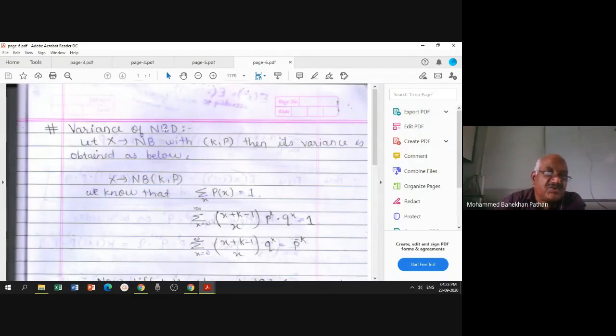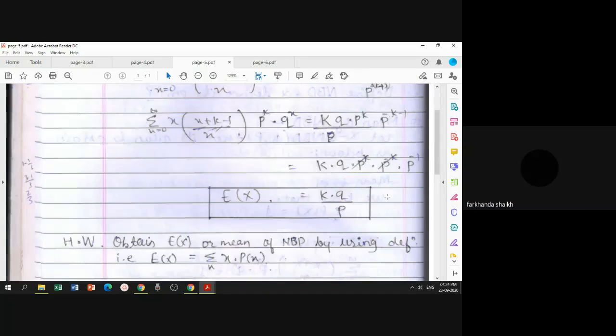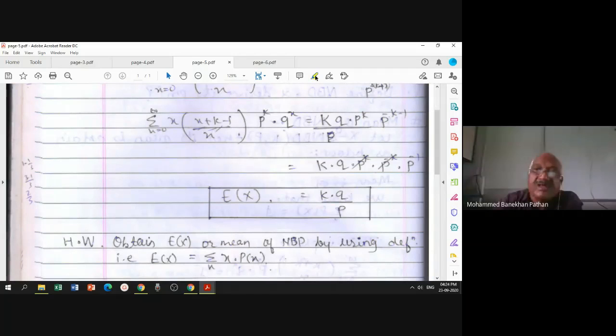Can you judge what the variance of NBD would be with the knowledge of geometric? With the help of the knowledge of geometric, can you guess what the variance of NBD should be? Q by p is the mean of geometric. So what is the mean of NBD? We multiply by k.